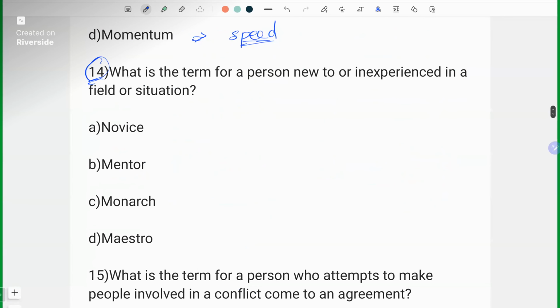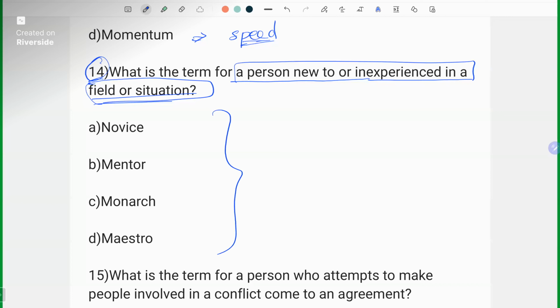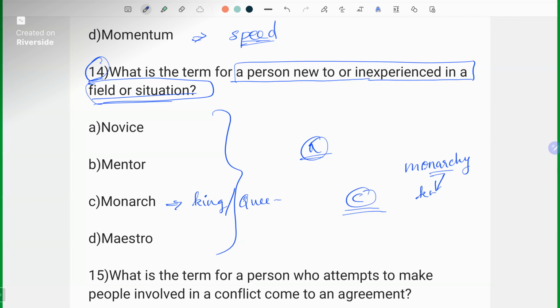Question 14. What is the term for a person new to or inexperienced in a field or situation? The answer is C. A monarch is a king or a queen who rules a country, that pattern of government.